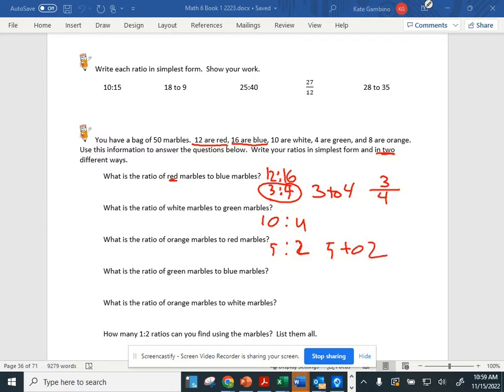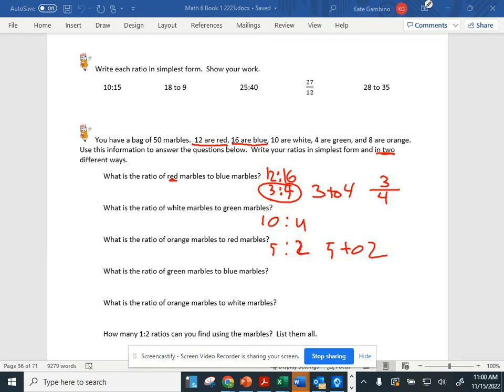Simplify. You're not using the right numbers. So you have to look back at which numbers. Doesn't smallest number have to go first? Nope. What has to go first, James? The first number. So if it says white marbles, that has to be your first number, has to be the white.